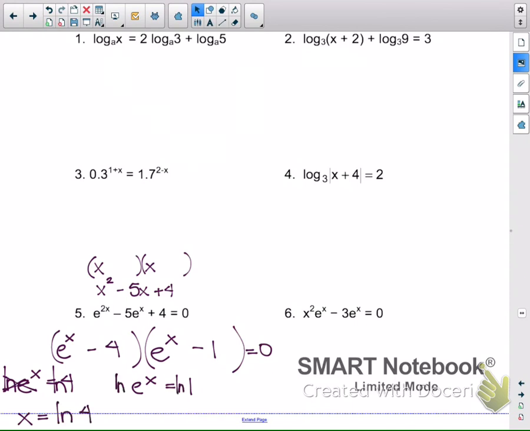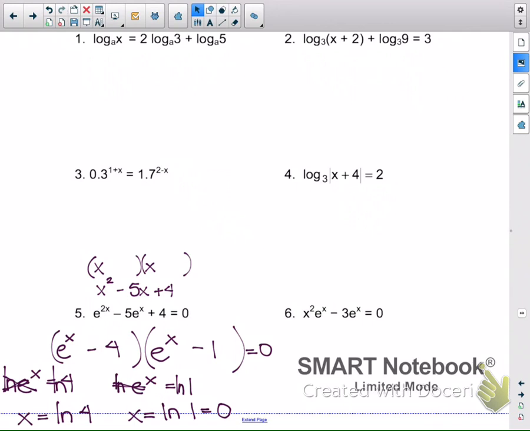Here, that's going to give me x equals ln 1. Anyone remember what the log base anything of 1 is? 0. So you do get one nice answer that's just 0. ln of 1 is 0. Log base 10 of 1 is 0. Log base 5 of 1 is 0. Log base anything of 1 is always 0.